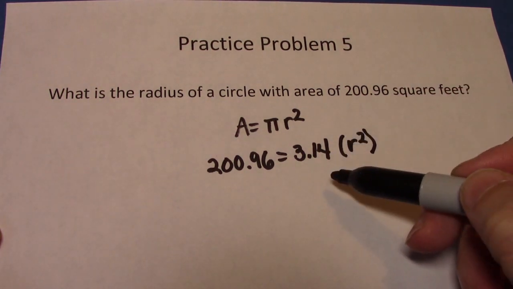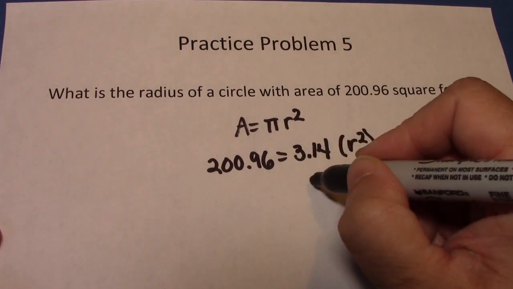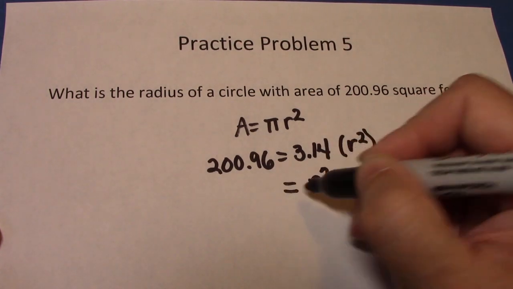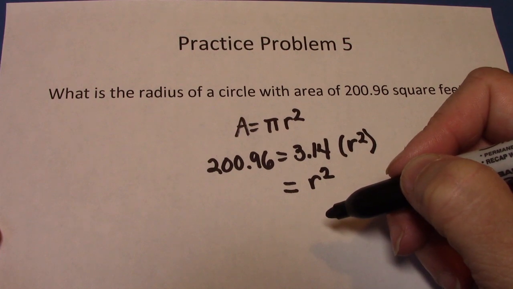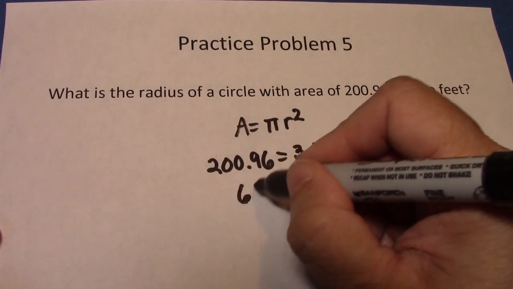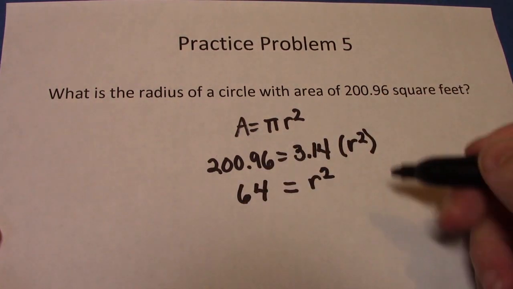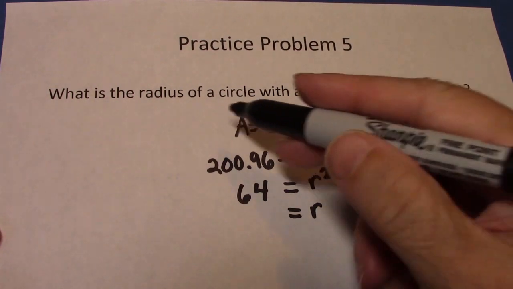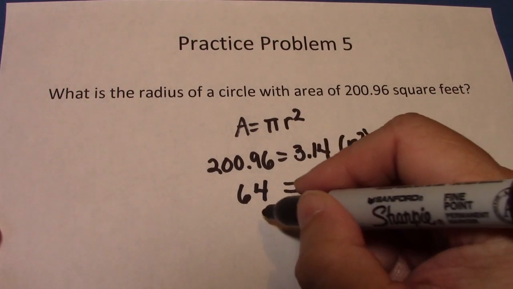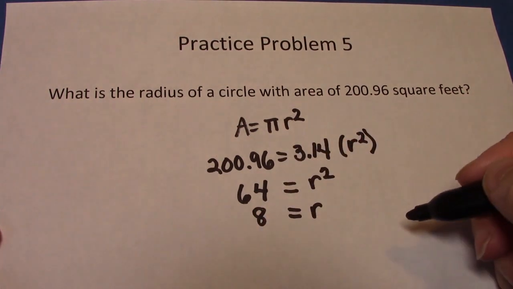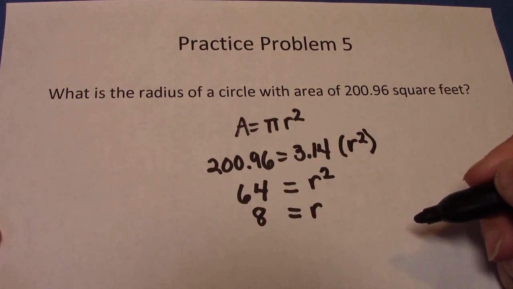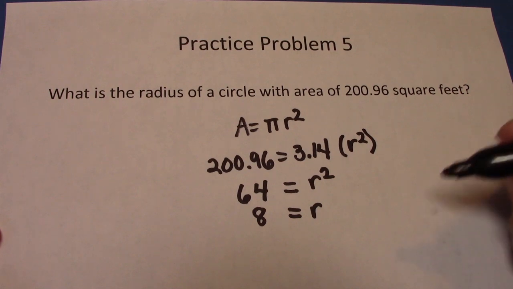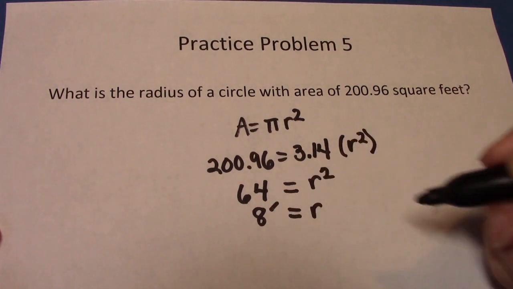When we divide both sides by 3.14, on this side we still have the radius squared, and over here we get 64. So the square root of both sides gives us just r here, that's the radius, what we're looking for. And of course 8 times 8 is 64, so the square root of 64 is 8. This was in feet, so we need to label that.